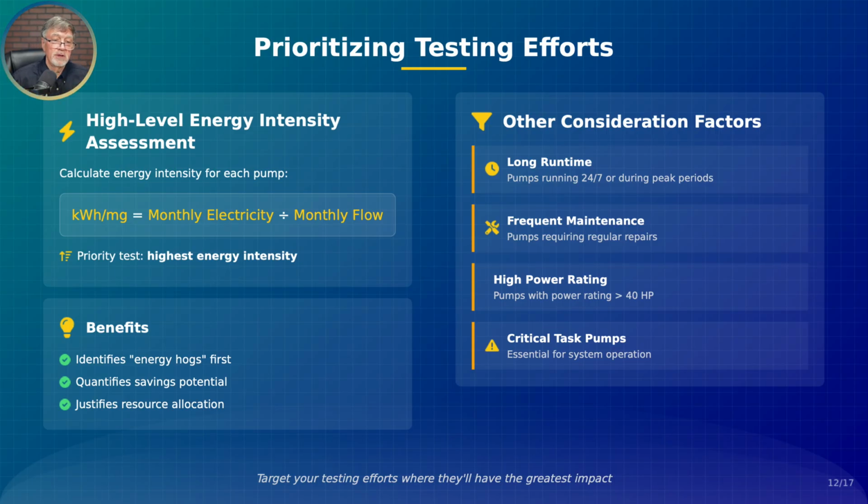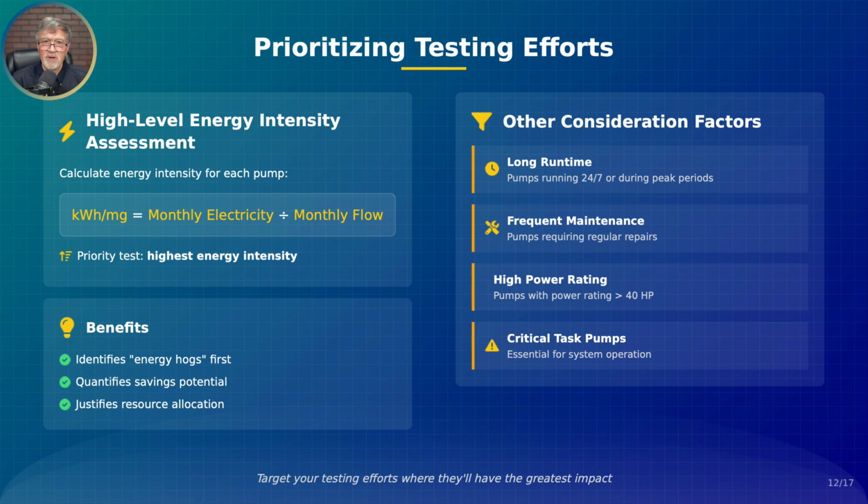So our monthly electricity divided by our monthly flow gives you kilowatt hours per million gallons. I like to do kilowatt hours per gallon, but it gets you at the same number, and that's going to tell you your energy efficiency. Once again, you're going to have to make sure that your meter does calculate specifically for that pump, and you're not calculating in a number of other draws on your electrical system, and so that becomes meaningless.